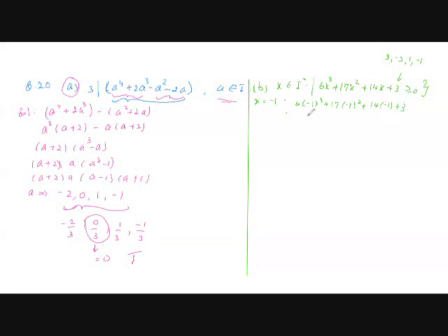So this comes out to be -6 plus 17, and -14 plus 3. This one, -14, -6, that's -20. This is going to be 0, correct? So we now know one root is x equal to -1.